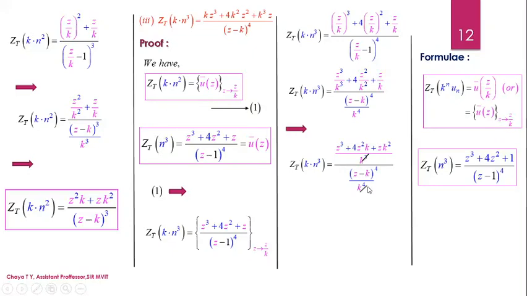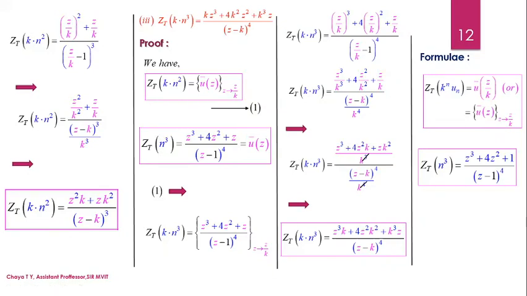If I simplify the k terms in the numerator and denominator, we are left with the Z transformation of k^n times n cube as z cube k plus 4z squared k squared plus k cube z divided by z minus k to the power 4. So this is how we get the Z transformation of the product of any terms of the form k to the power n into un.